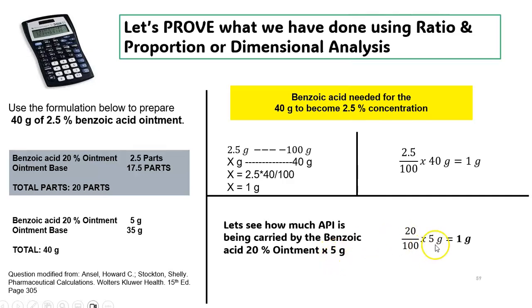So 20 over 100 times 5 is 1 gram. So we have successfully proven that the benzoic acid 20% ointment, in the 5 gram aliquot that we're going to weigh off, is carrying 1 gram. And we have proven that 1 gram in 40 grams will make a 2.5% product.